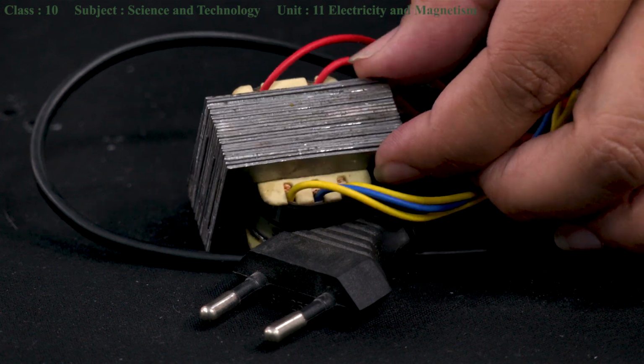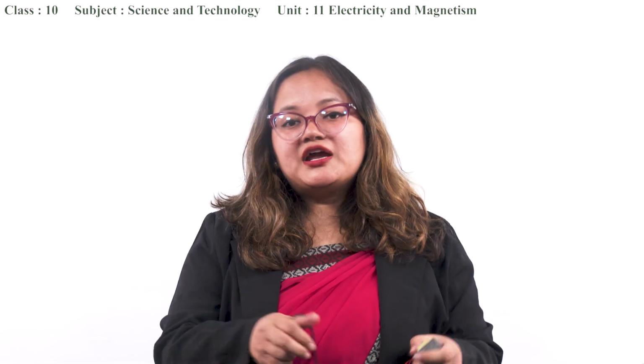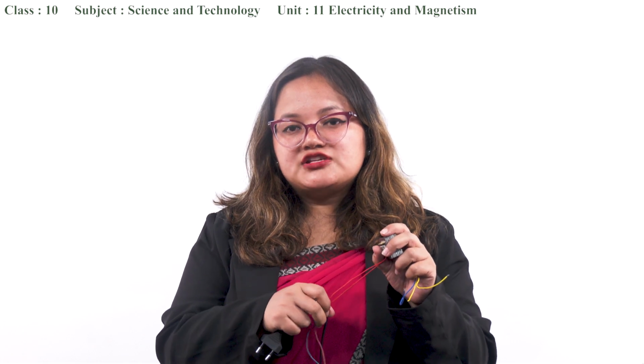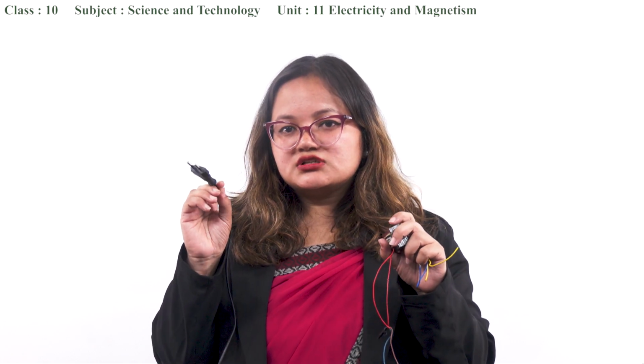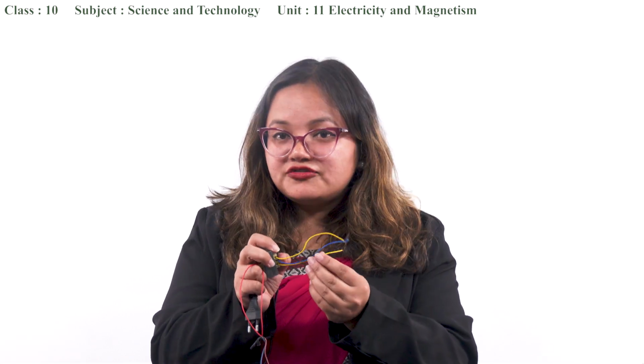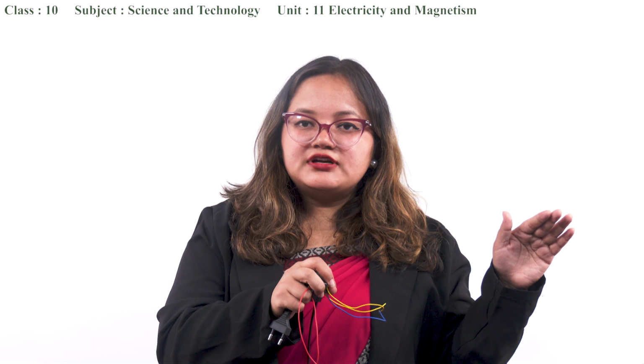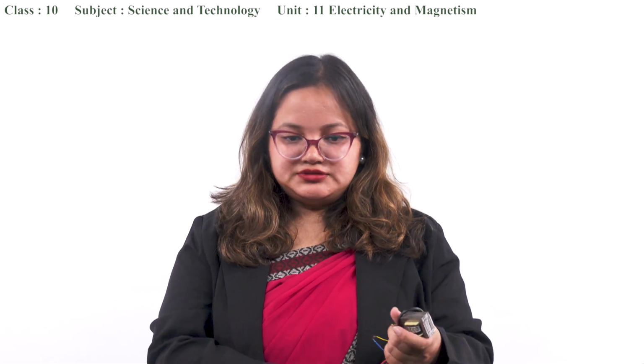This is the core of the transformer. The primary part of this transformer is connected to the source, and the other part is connected to the rectifier to convert this AC into DC, and then further it is connected to the output.